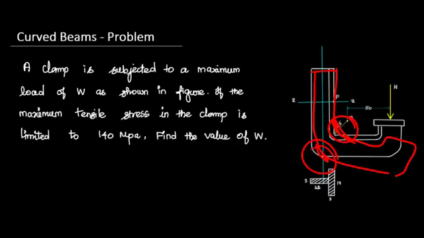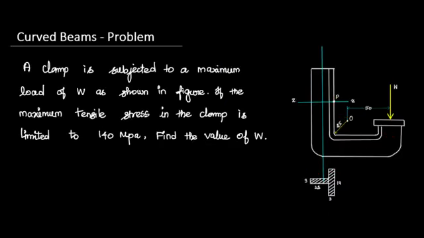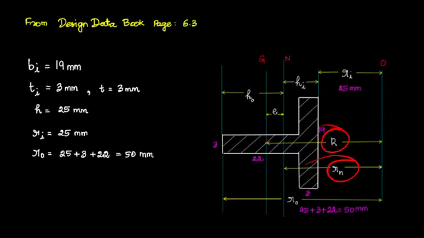Here, this is your diagram. So how can we calculate the bending moment? Bending moment is nothing but the moment equal to load into perpendicular distance. The distance from the centroidal axis to the load acting point, that is x actually. Here the load is acting.